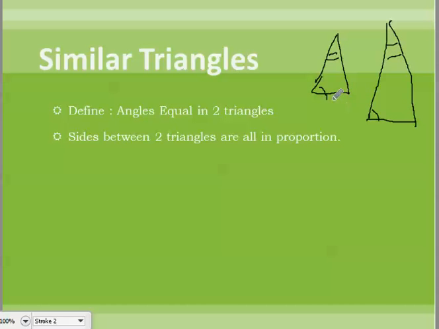Okay? If you've got sides that are in ratio to each other, you've got to have the angle in between them typically. Side angle side. Or all 3 sides that are in ratio to each other. Now it says all are in proportion. That means all the ratios would be the same.